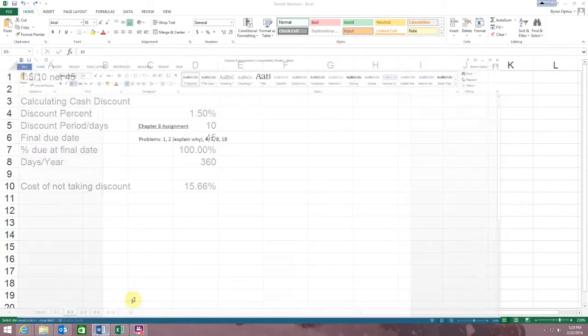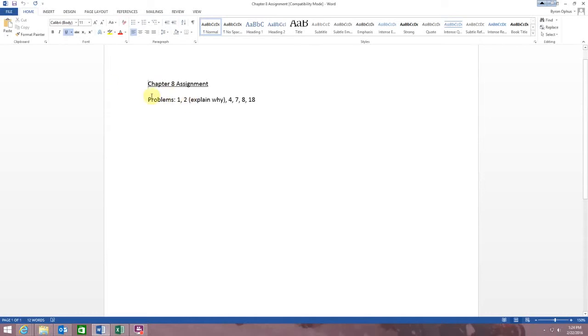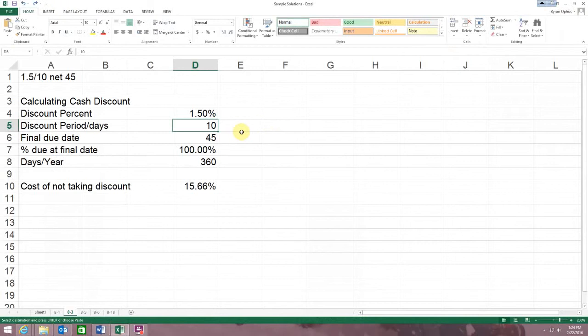Now I did ask you to, in number 2, explain why, and what the second part of the question asks is, should the firm borrow the funds, and why? I think in your guys' case, and I did number 3, and it's the same, I just copied and pasted, and I came up with the cost of not taking the discount is 15.66%.